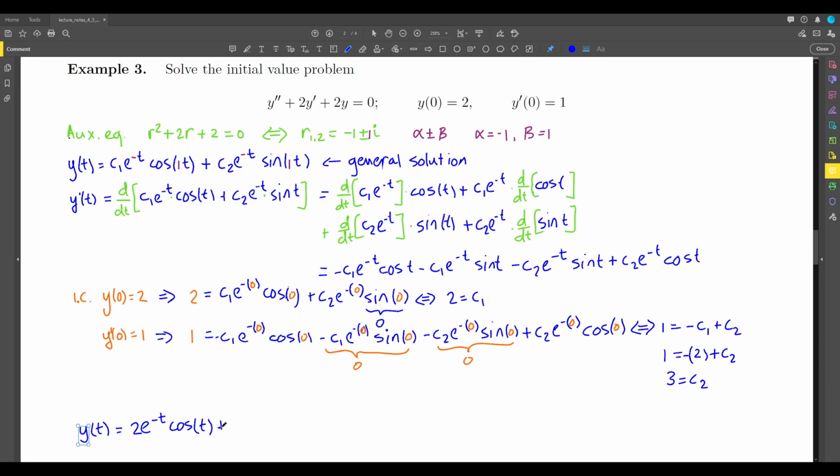C2 is 3. So plus 3 e to the power negative t sine of t. And that's our final answer.